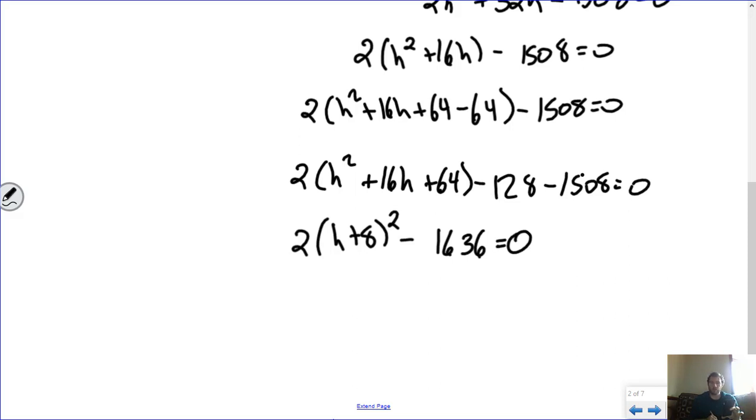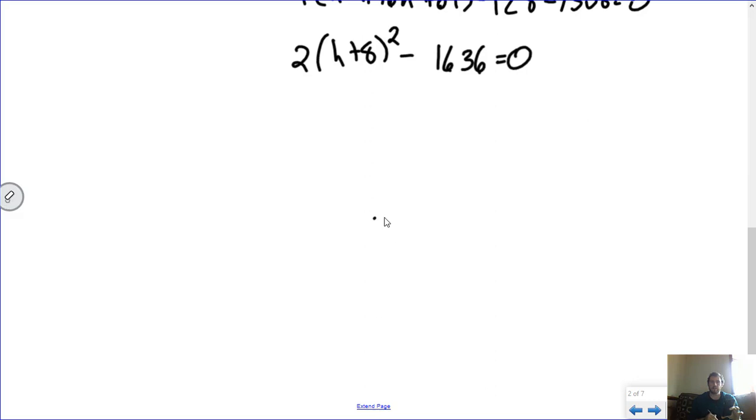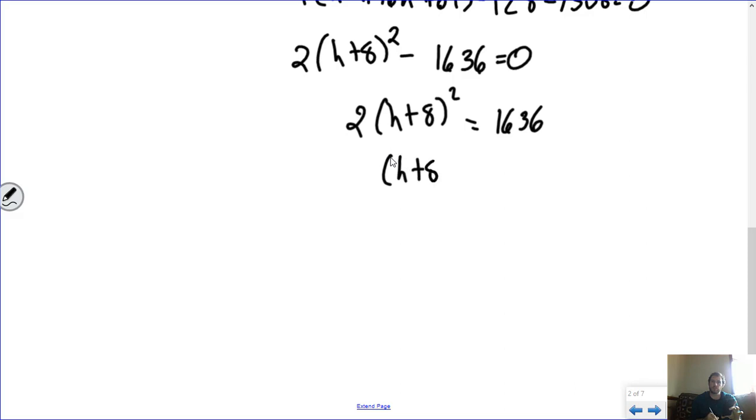So now we need to solve for h by doing our inverse operation, right? So we're going to add 1636 to both sides, right? 2(h plus 8) squared is equal to 1636, and then divide both sides by 2 to get 818, and then take the square root of both sides.